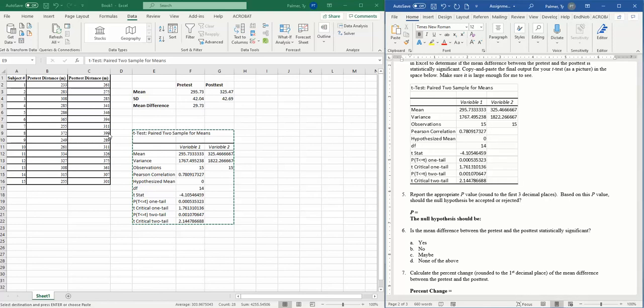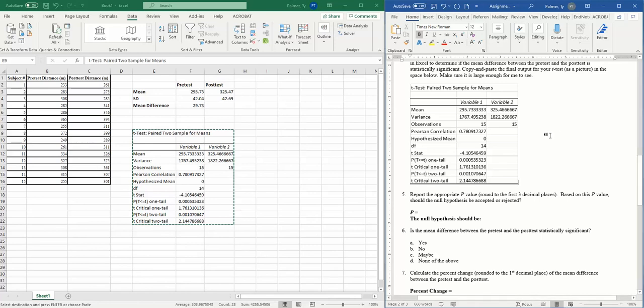The same subjects that perform the pretest are also performing the post-test, and so their pretest score is going to be related, correlated, with their post-test score. So it makes sense that we would have a correlation between the pretest and the post-test.